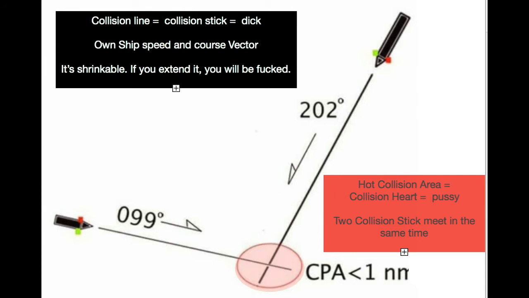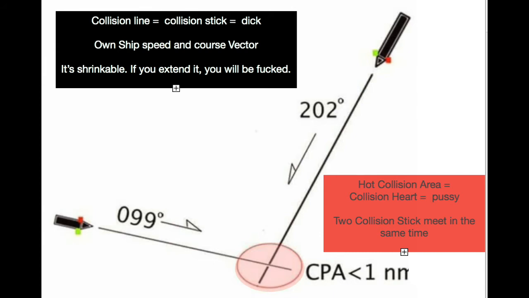It's shrinkable. It means you can reduce the speed at any time to reduce the collision risk. Because if only the coastlines cross each other, like this one in the picture, there will be a risk of collision.